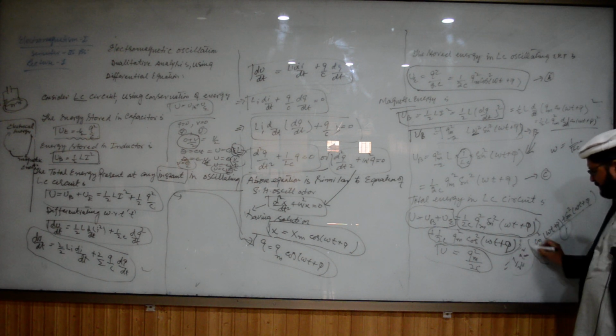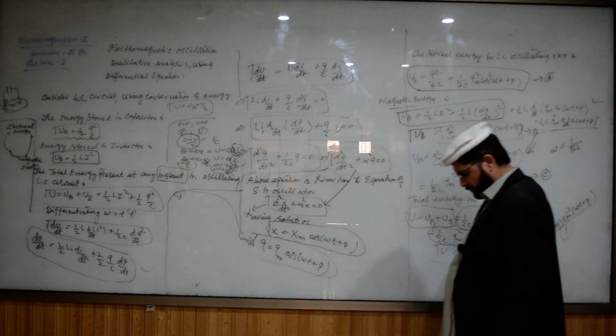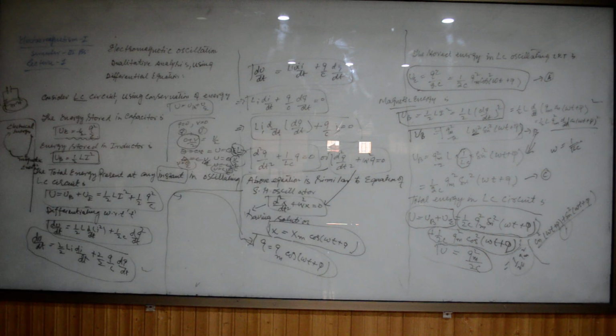So you will get the value Qm square divided by 2C, that is the total energy in the case of an LC oscillating circuit. That was all.